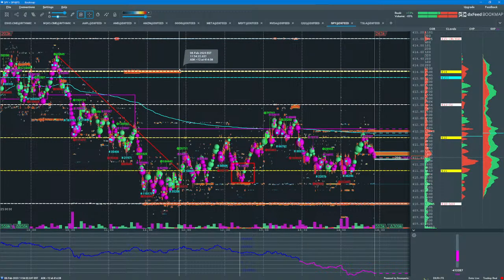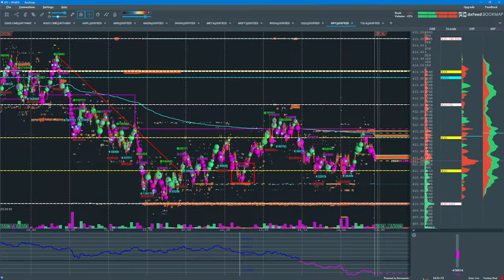There's clear trends, a lot easier to trade than the choppy NVIDIA.